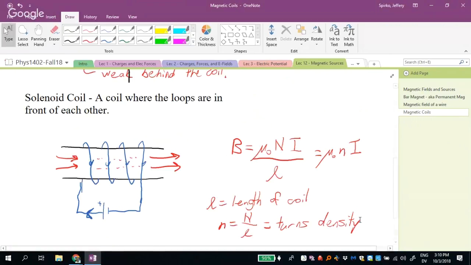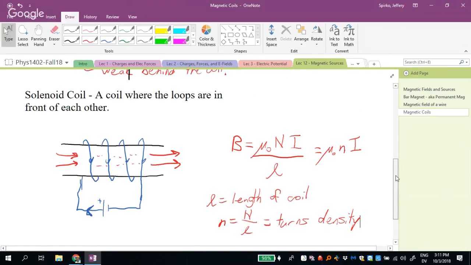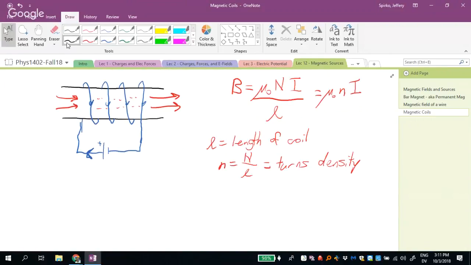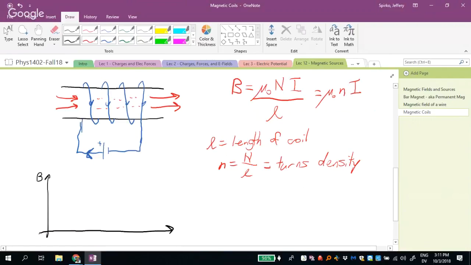And if we graph this, we get, hopefully, the graph that you saw in lab, B versus Z, where it's fairly flat at first, and then it curves down and flattens out.